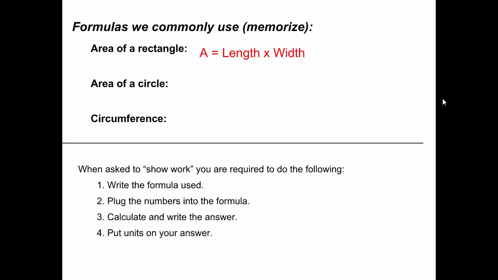Diameter times pi? No. Area equals the radius squared times pi. Correct. Pi r squared. Is the radius squared equal to the diameter? Does squared mean times 2? No, it means times itself. So area equals pi, 3.1415, times the radius squared. Squared means times itself.